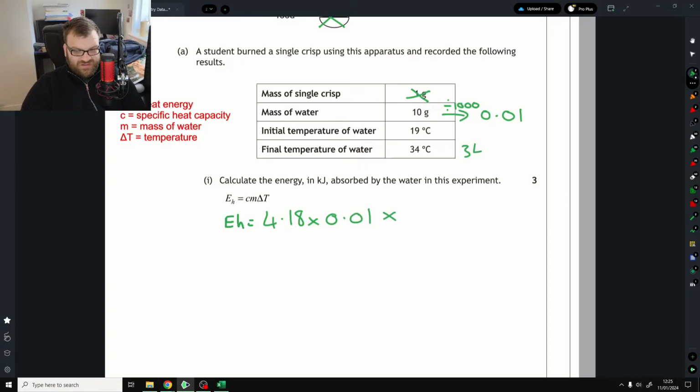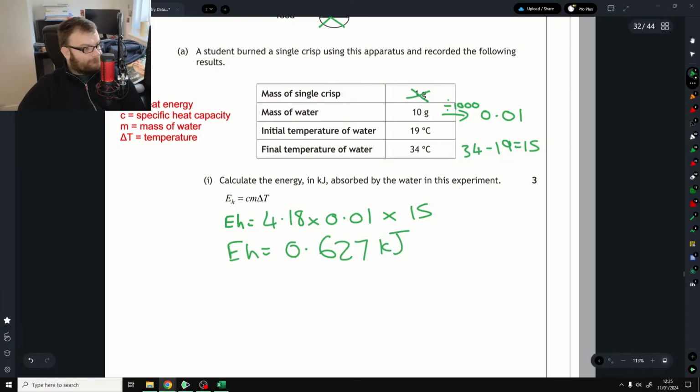Well, it started at 19, went up to 34. That's gone up by 15. And our EH will equal 0.627 kilojoules.